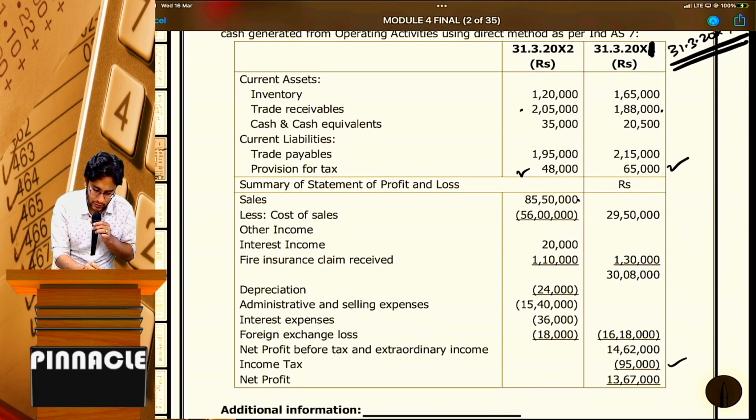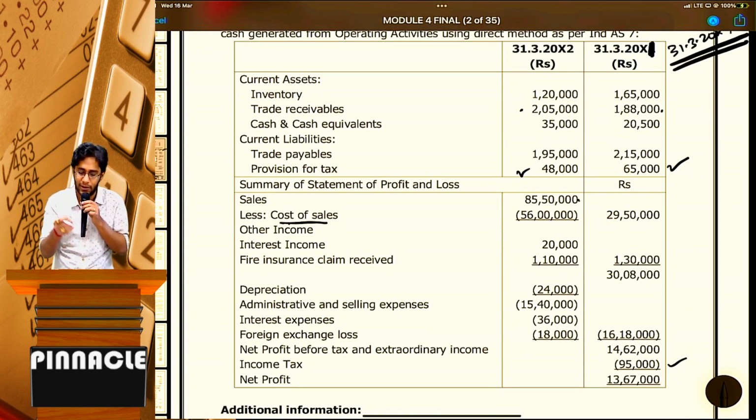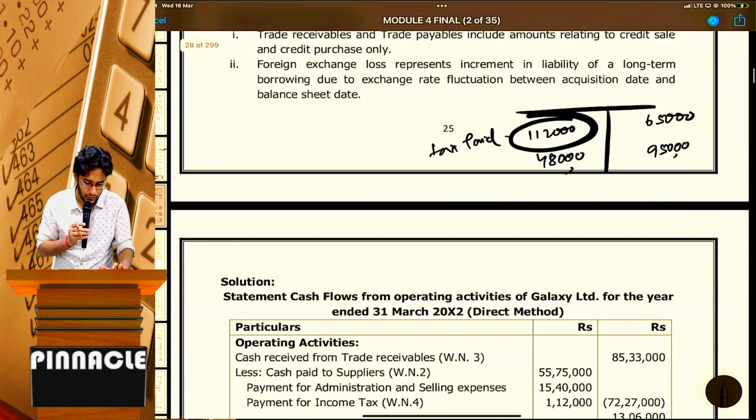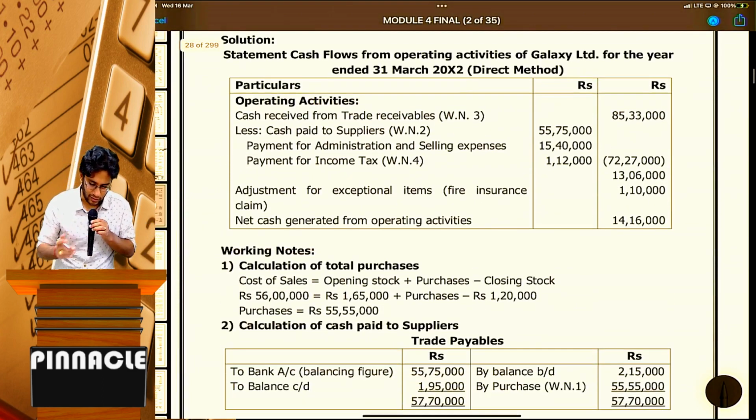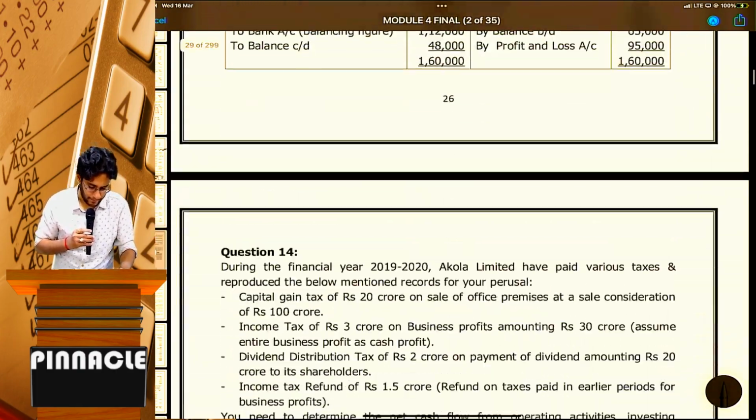Open this cost of goods sold formula and purchases will come. Assume that all the purchases are credit purchases. Put them into your trade payables account. Amount paid to creditors will come. The rest are all straightforward only. So in total 3 accounts you have to prepare, sir: trade receivables, trade payables, provision for tax. Remaining all are straightforward. Not your range actually. Okay.